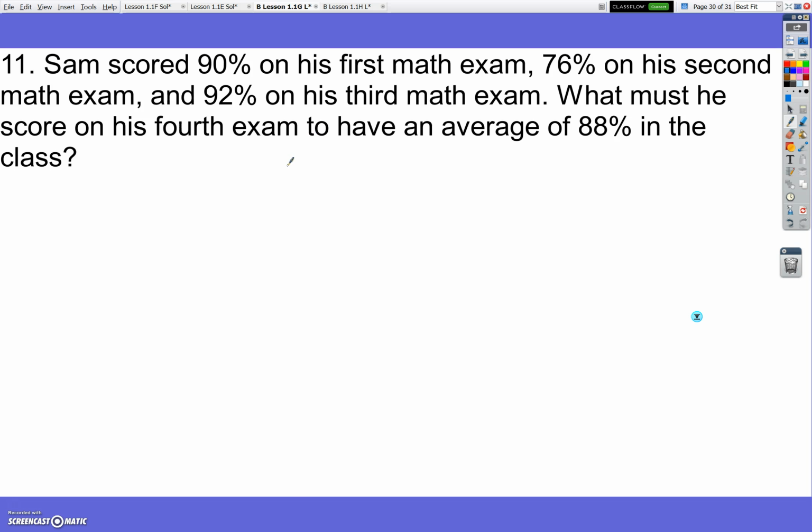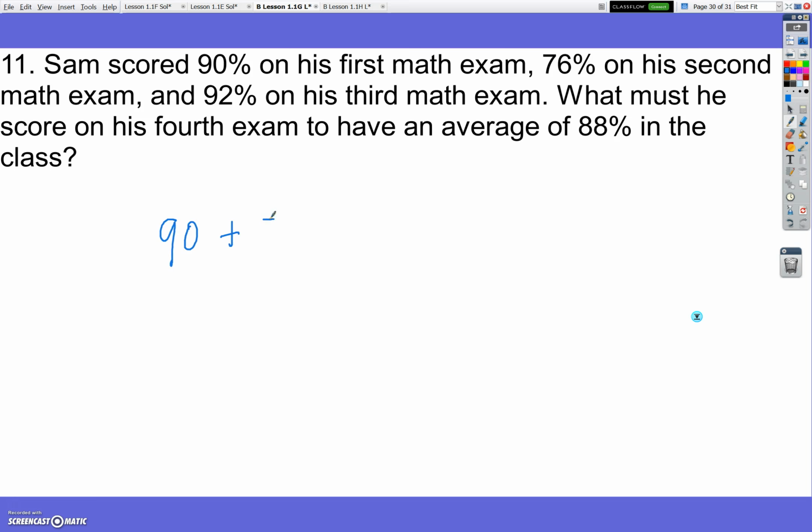So number 11 says Sam scored 90 points on his first math exam, 76% on his second exam, and 92 on his third exam. What must he get on his fourth exam, so I don't know what that is, to have an average of 88? So let's look at this. On his first test, he's going to get 90%.